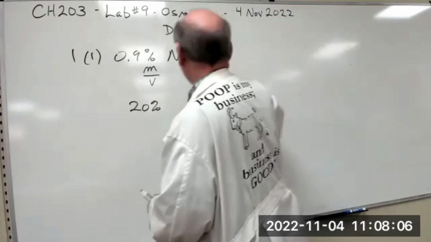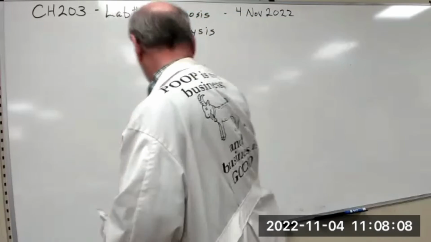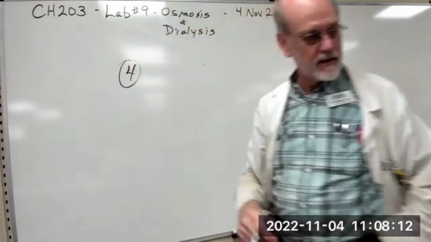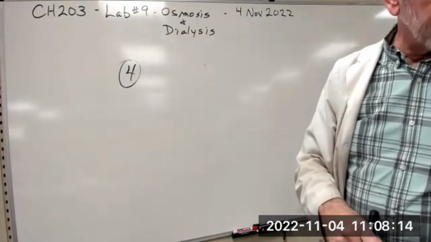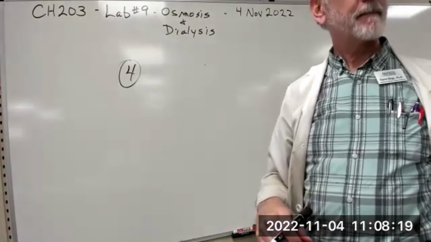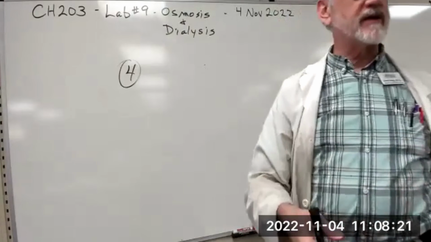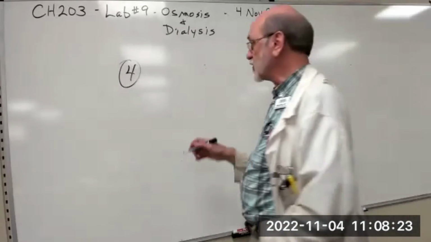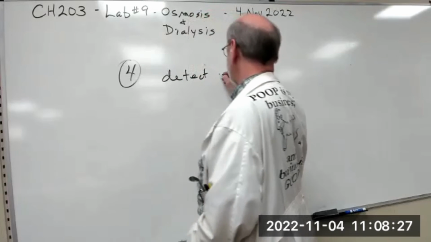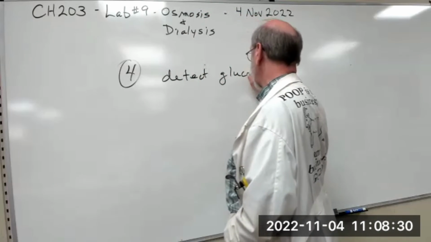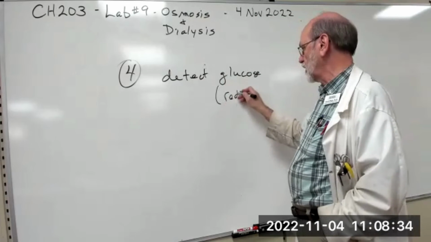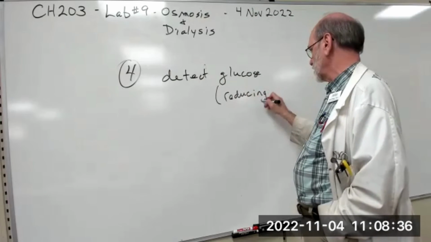How about 4? Benedict's. What's the purpose of Benedict's solution? Right. Well, if you haven't read about it, you don't know. Benedict's solution is used to detect the presence of glucose in our case, or actually it's based upon what's called reducing sugar.